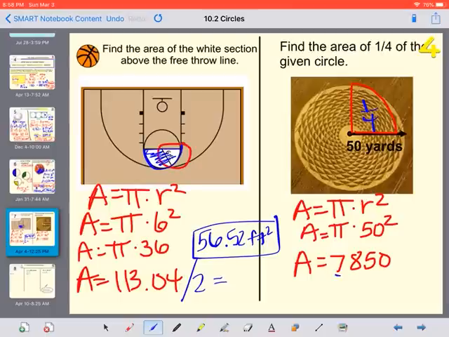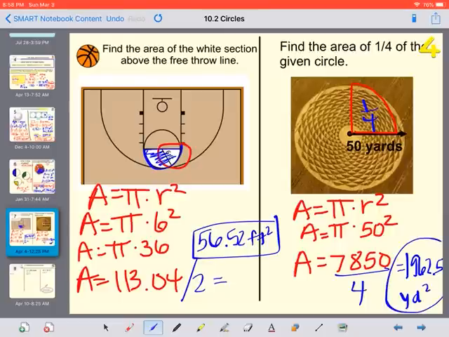So we could divide by 4 to give us the area of one piece. Divide by 4, and we get 1,962.5 yards squared.